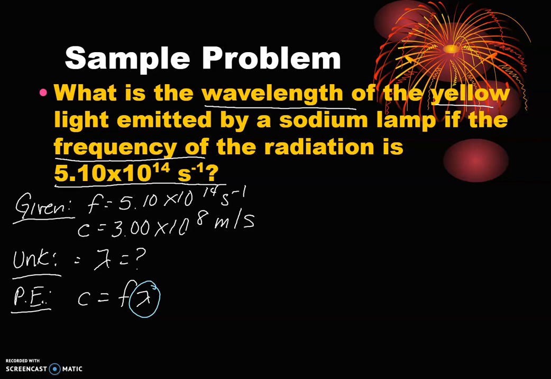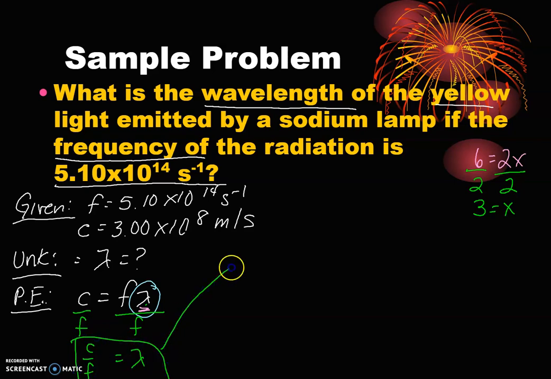Believe it or not, C equals F times wavelength looks very tricky because it has all of these different variables in it, and some of them are Greek, but it's really no different than solving 6 equals 2x. So what does x equal here? Well, we divide both sides by 2, and we get x to equal 3. So if we want to know what lambda is here, we're going to divide both sides by f, and we get lambda to equal C over F.